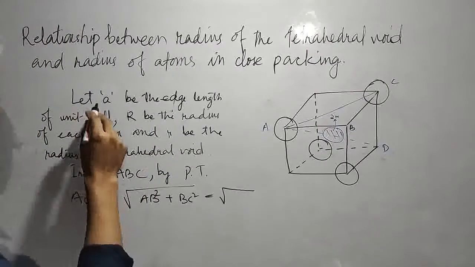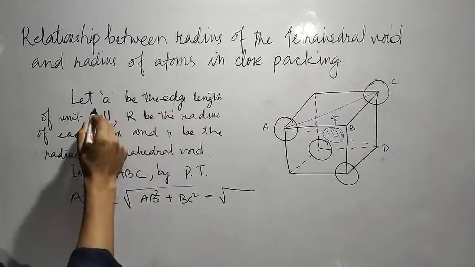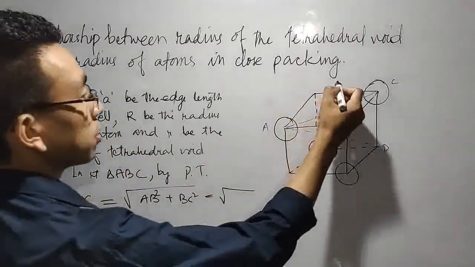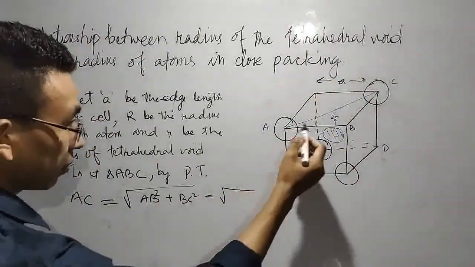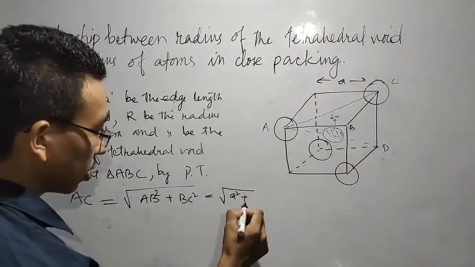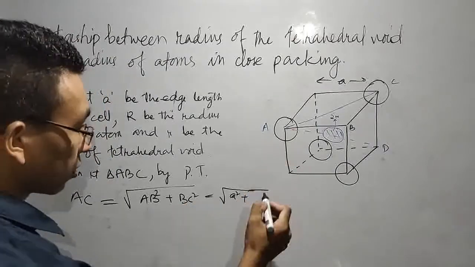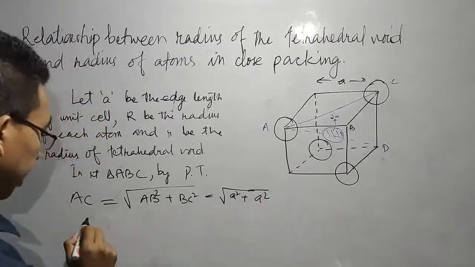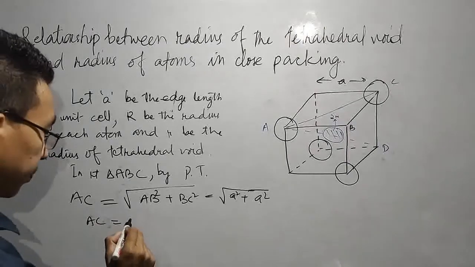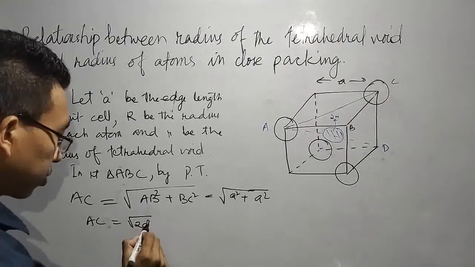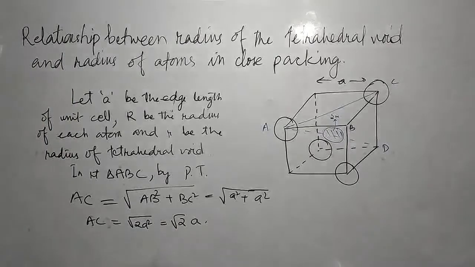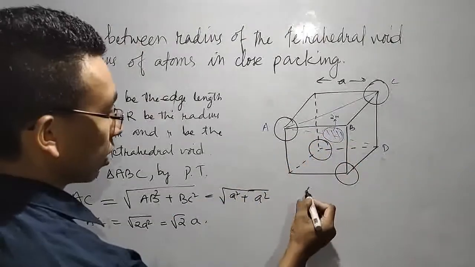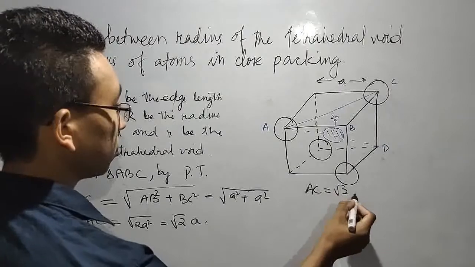We took the edge length of the unit cell as a, so AB is a and BC is a. So we get AC equals root 2a squared, which is root 2 a. I'll write down here, AC is equal to root 2 a.